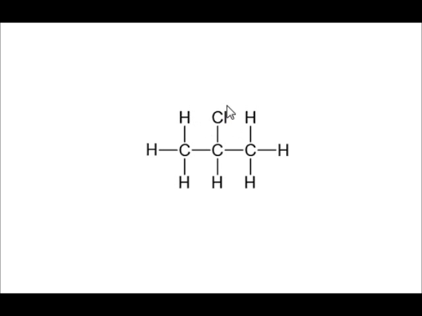So whereas we name alkyl groups methyl, ethyl, propyl, etc., we would name these chloro, bromo, fluoro, or iodo, depending on what the halogen is. So in this example, as you can see, we've got a longest carbon chain of 1, 2, 3 carbons. The stem for 3 is prop. So this alkane will be propane.